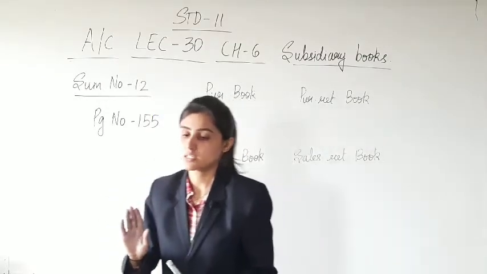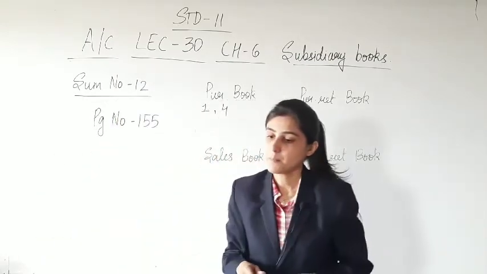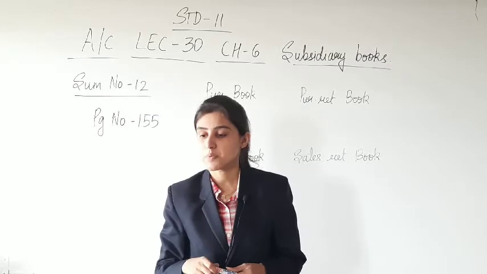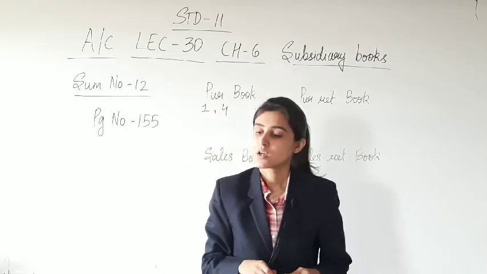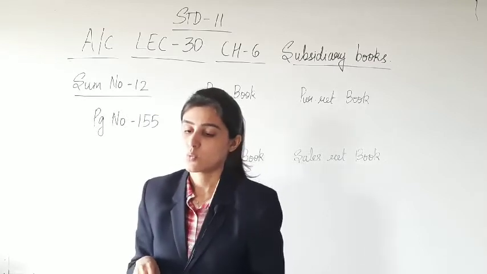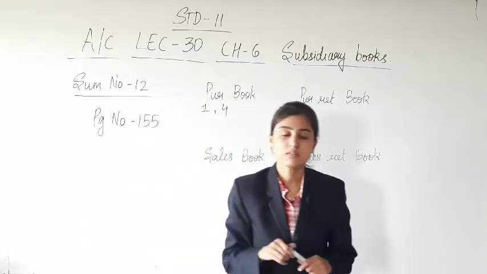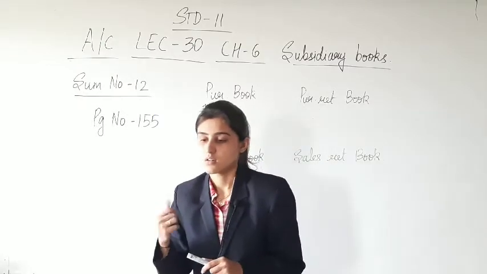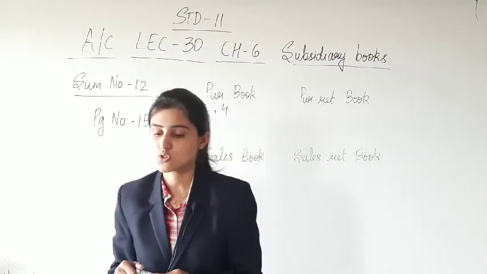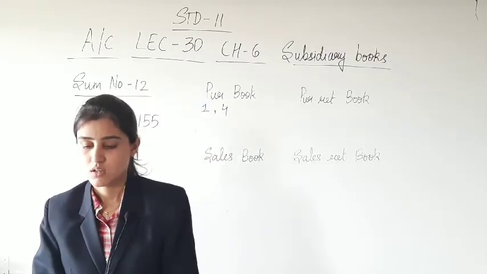So, you will be writing as 12,000 here. November 4, name of the supplier Nirmi account, LF, bill number 130, and then in the column of amount 12,000, cash discount we are not recording.